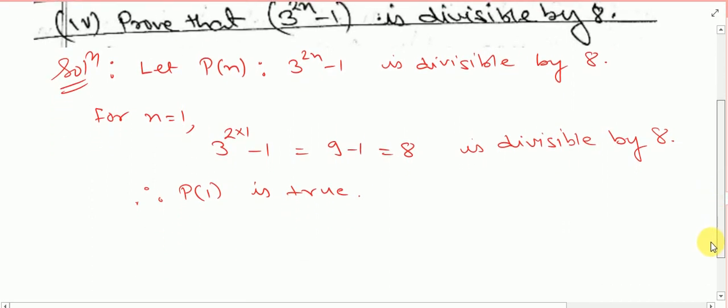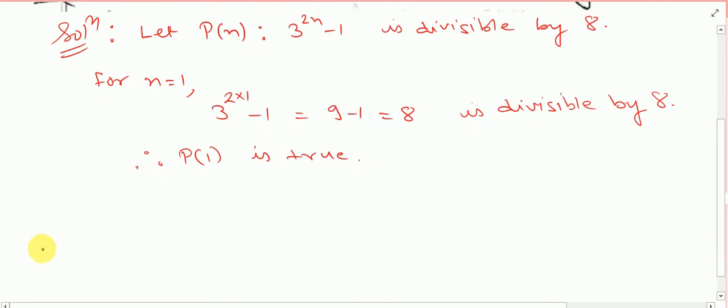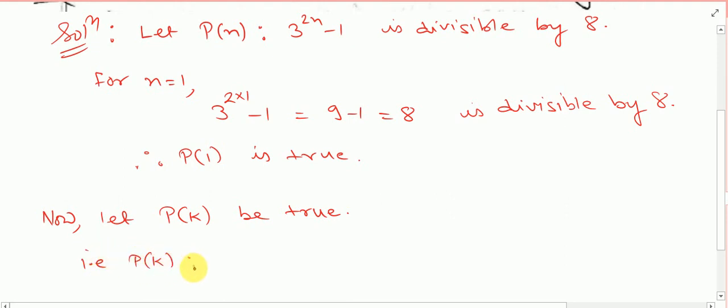Now the next thing is to assume Pk is true and show that Pk plus 1 is true. Now let Pk be true. That is Pk: 3 to the power 2k minus 1 is divisible by 8.